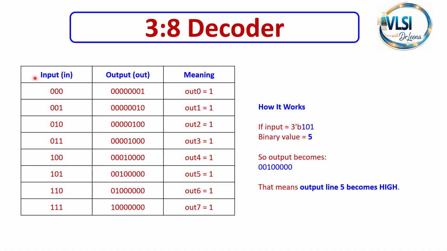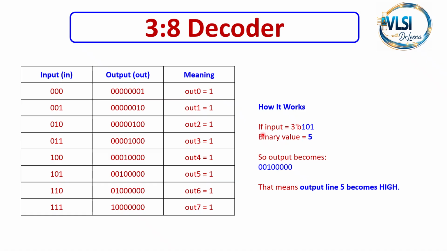You see here the inputs. If input is 0, 0, 0, the output will be 0, 0, 0, 0, 0, 0, 0, 1, and it selects the output 0. And when the input is 0, 0, 1, the output will be 0, 0, 0, 0, 0, 0, 1, 0, and it selects the output 1. Let us see how this is working.